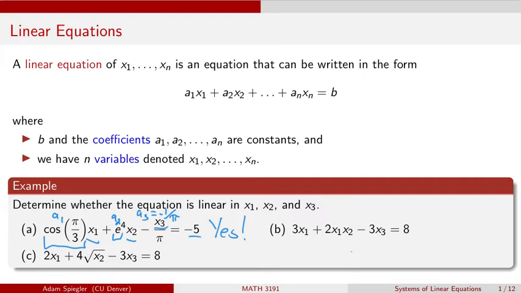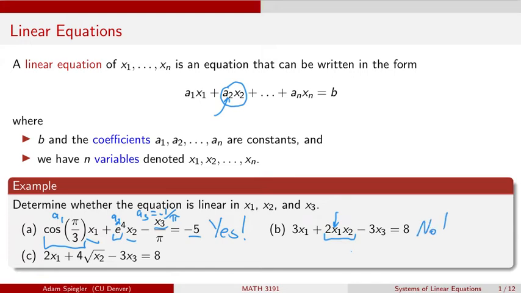In B, here we have a second term which has an x1 and an x2 in it. So if we have a linear equation, the only thing that can be multiplying, say, the second term would be a constant number. And so here we're multiplying x2 by another variable x1.